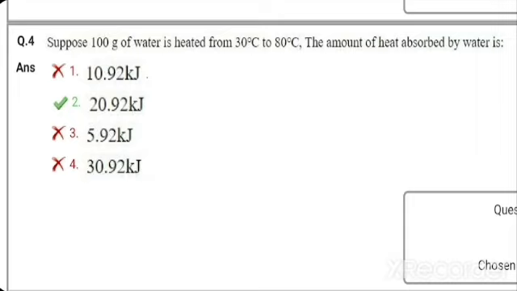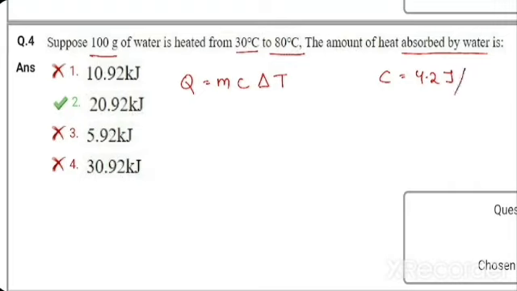Question number 4. Suppose 100 gram of water is heated from 30 degrees Celsius to 80 degrees Celsius. The amount of heat absorbed by water is? For the amount of heat absorbed, we can write Q is equal to m c delta T, where c is the specific heat of water, the value of c is 4.2 joule per gram degree Celsius.